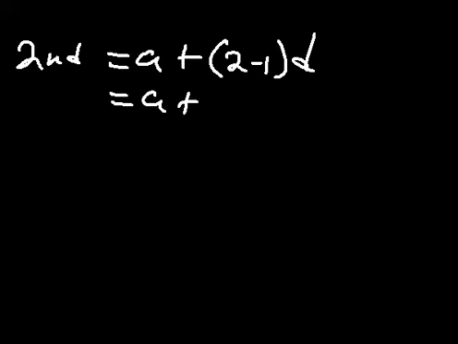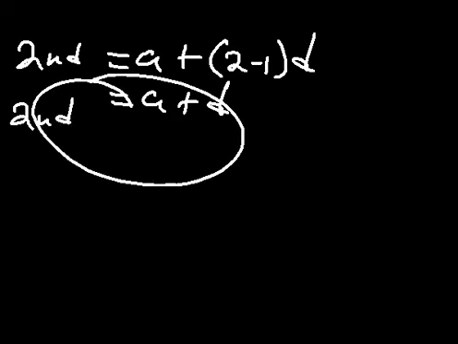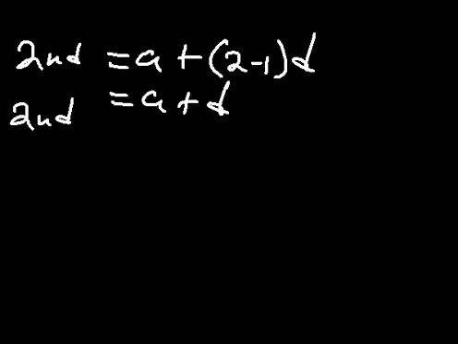That will be A plus D. So this is the formula for the second term in our arithmetic progression, where the number of terms is known and the first term as well as the common difference are unknown.